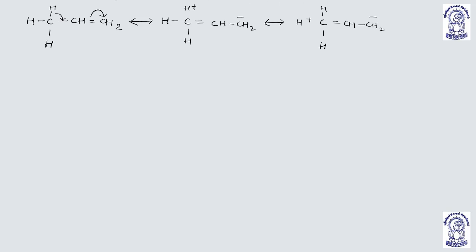So the number of H atoms on the alpha carbon: this is the functional group, the double bond. The adjacent carbon is the alpha carbon. This alpha carbon is having alpha hydrogens. The more the number of alpha hydrogens, the more hyperconjugating structures there will be.